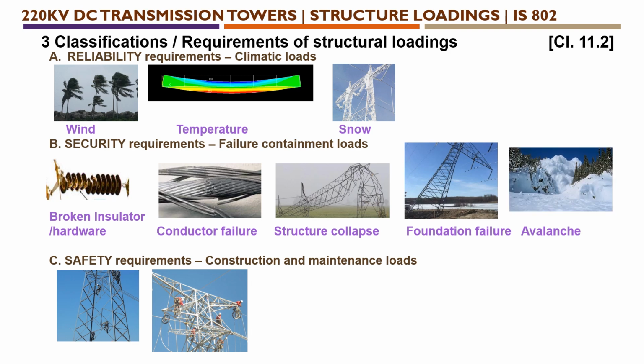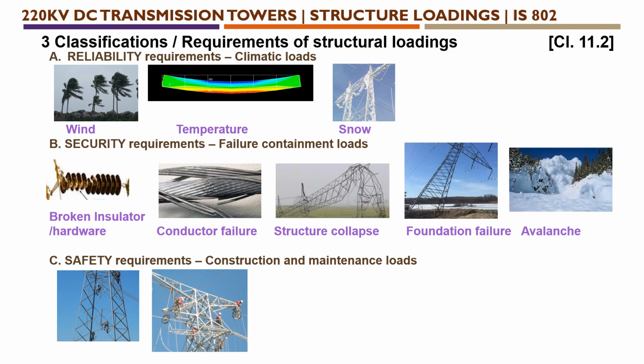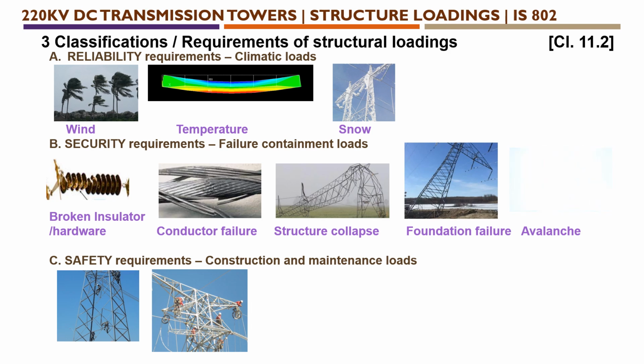The second one is security requirements. These are failure containment loads, because the transmission line tower runs over various locations. Due to poor material quality, there may be a broken insulator or broken hardware, like the picture showing here in the middle left.